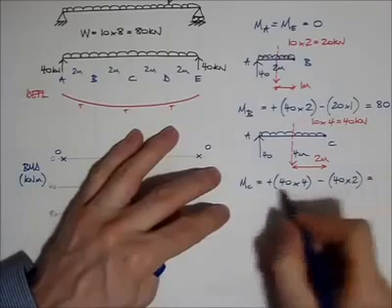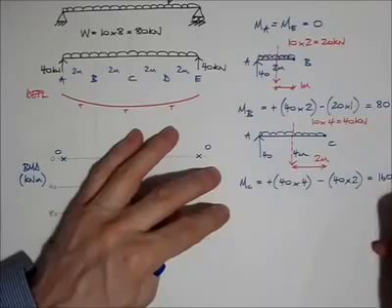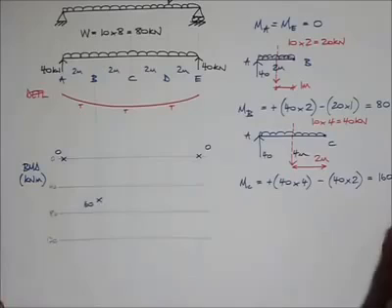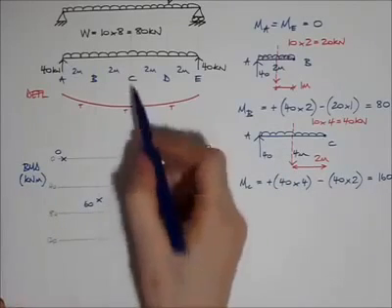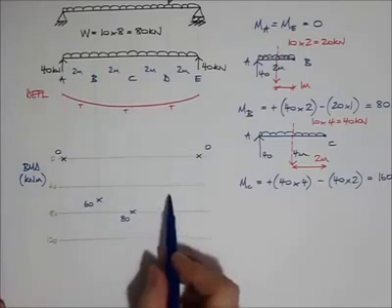So add these two things together, plus 160 minus 80 equals 80 kilonewton meters. Great. Mark this onto my bending moment diagram. At point C, I'm down to 80, and now I can go to point D.